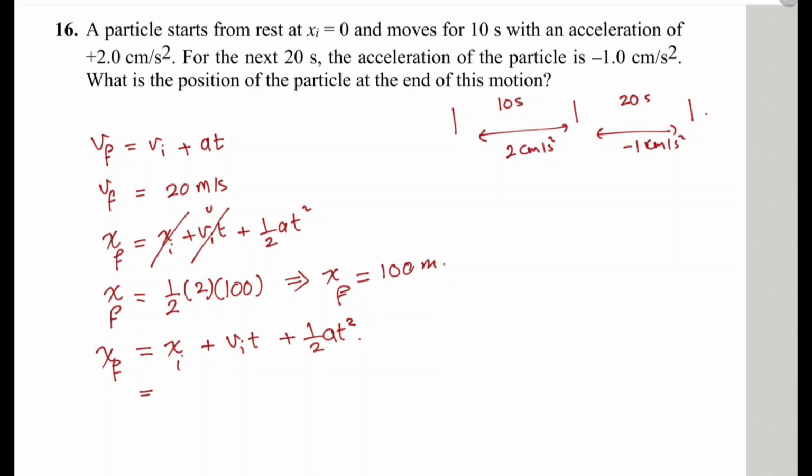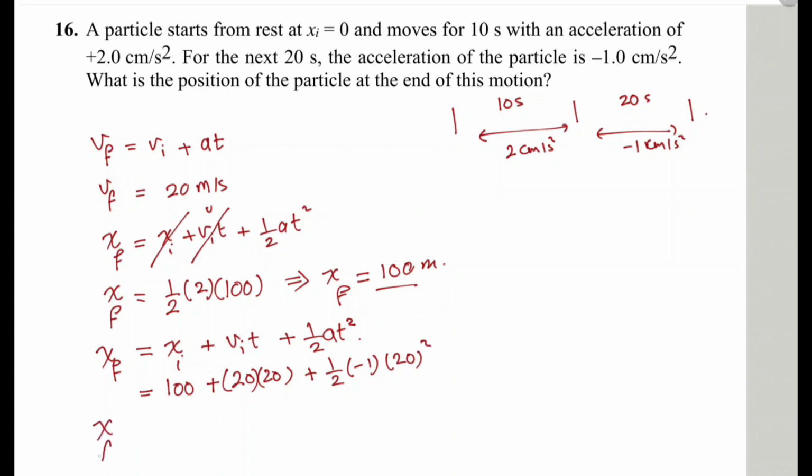And x initial, we just calculated this one here, it's the final position for the first part of the question, so it's equal to 100 plus 20. Remember, the initial velocity of the second part is the final velocity for the first part, times 20, plus half, and the acceleration is minus 1, and time is 20 squared.